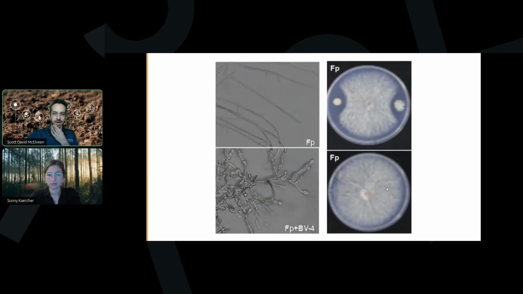So this bottom image here corresponds, the bottom right corresponds to the upper left. Upper left is healthy strands, nice, straight, healthy strands of Fusarium. And then in the bottom, these are the way the strands look in proximity to the bacillus. They're distorted, they're damaged, they are struggling because of the chemical warfare that's happening.